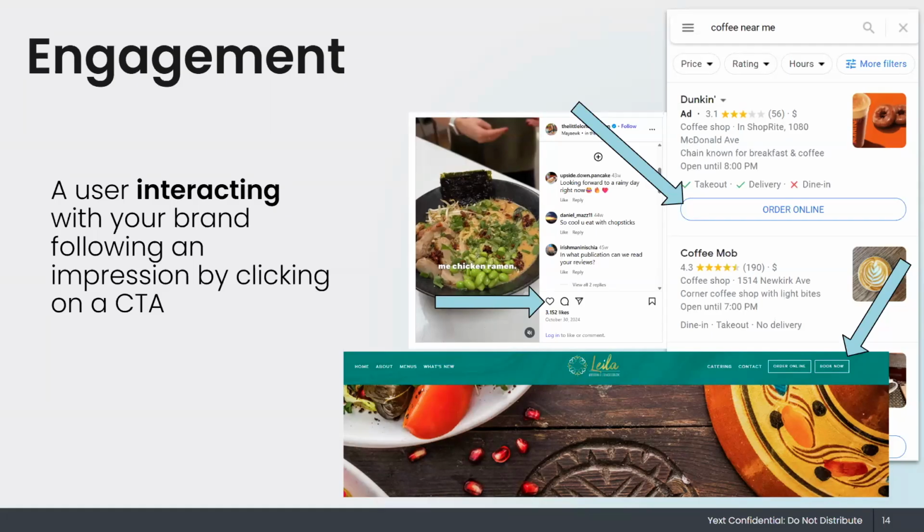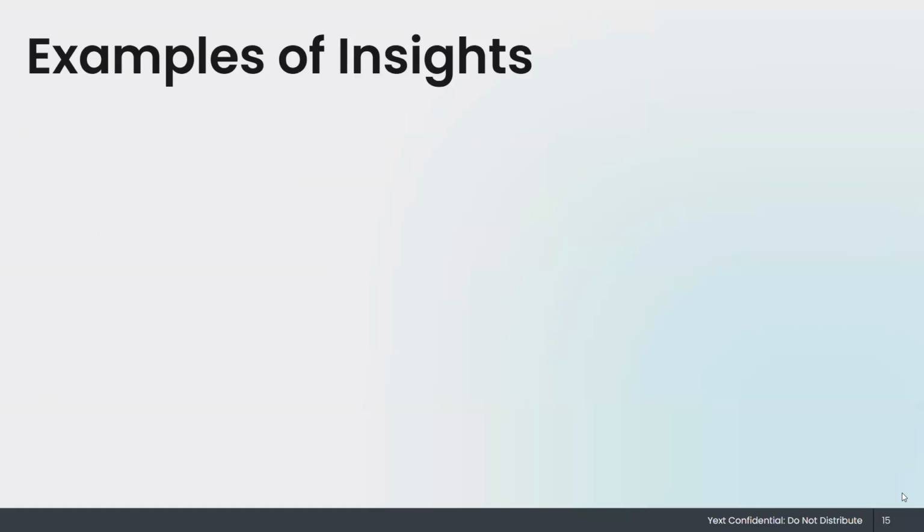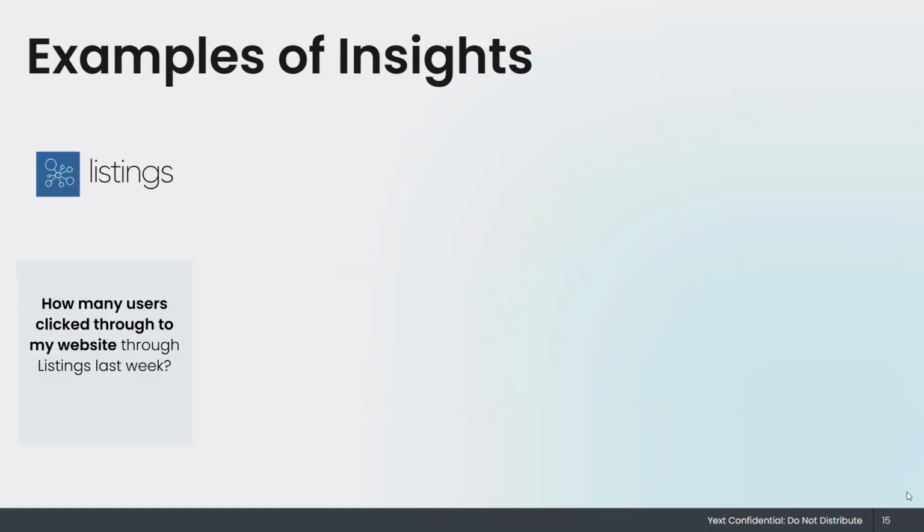Now that we saw the customer journey split into these three steps, we wanted to show you some real examples of insights. So the metrics, the information, the insights you are able to see in your analytics for each solution. So we decided to show you, starting from listings. In listings, you might want to know how many times people clicked through to your website last week from a Google listing.